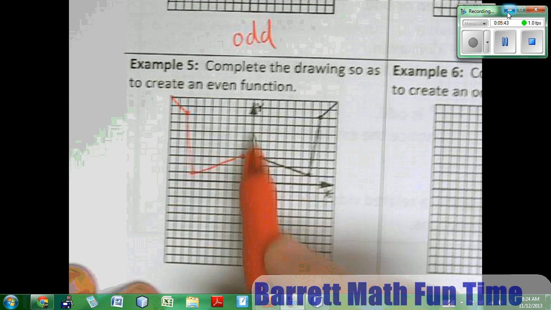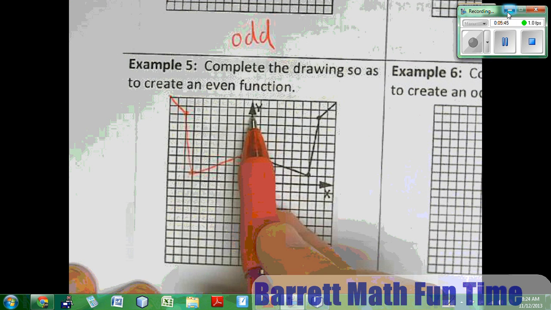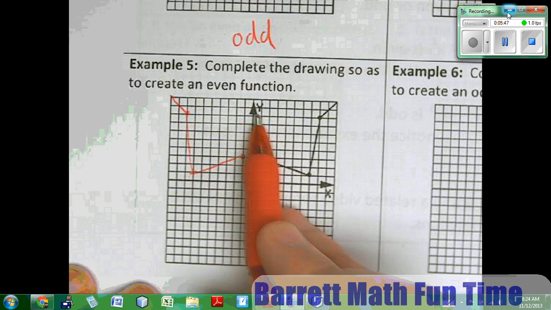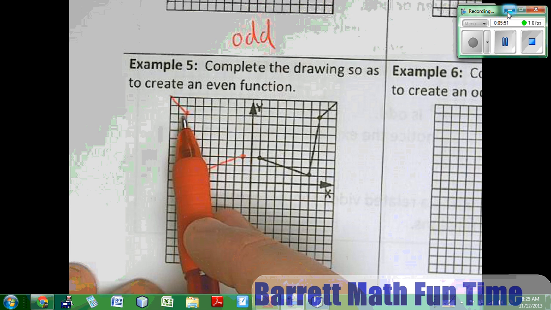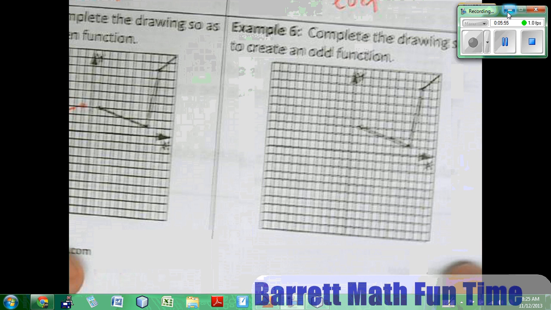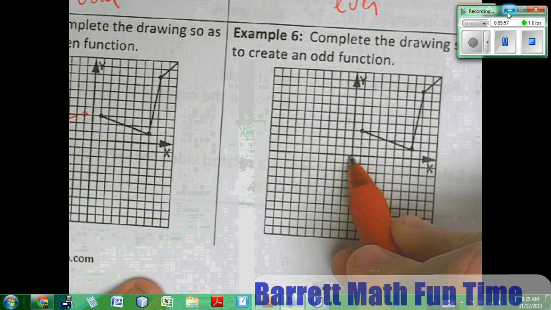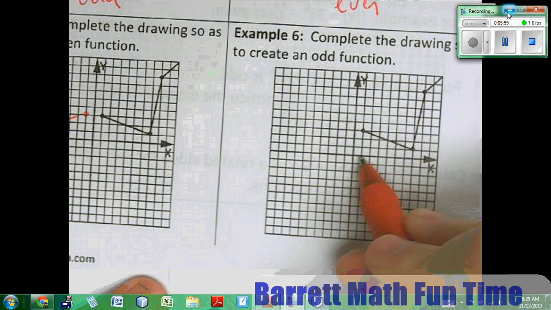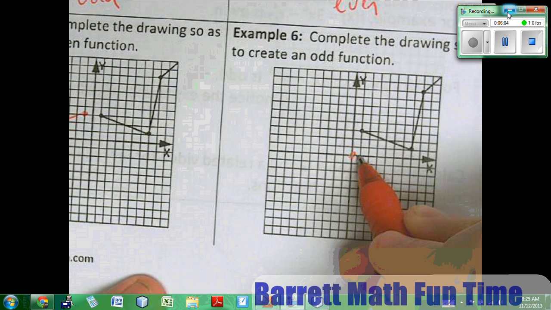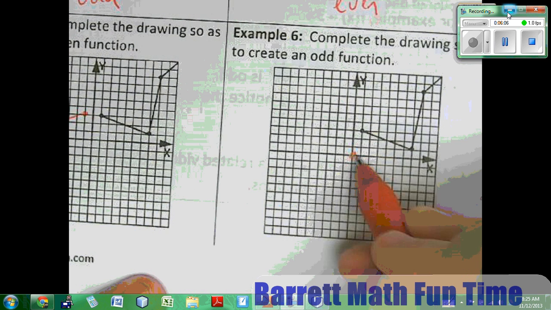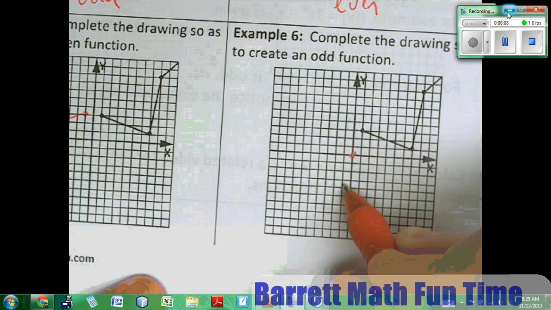And then up here, it was positive 8, so I went negative 8 to find the symmetry here. On odd, we're going to do that for both the x and the y from the origin. So to go from this point to this point, I go positive 1, up 3. This time I'm going to go negative 1, down 3.